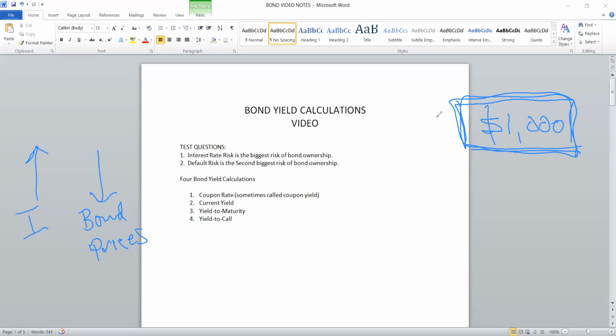But what happens is you have market fluctuations, just like a stock. So what sells at $1,000, and let's say it was an 8% coupon, that reflects the interest rate or the rate of return that the market is expecting today.